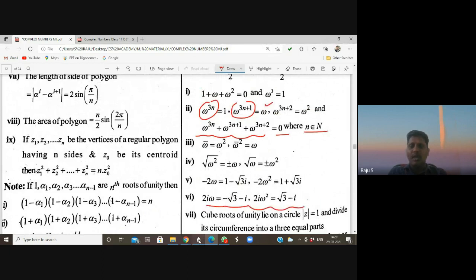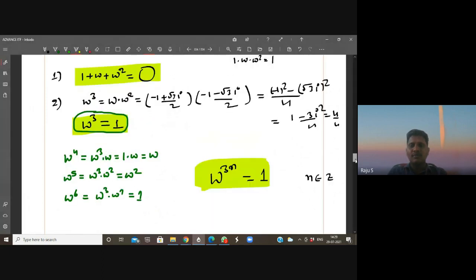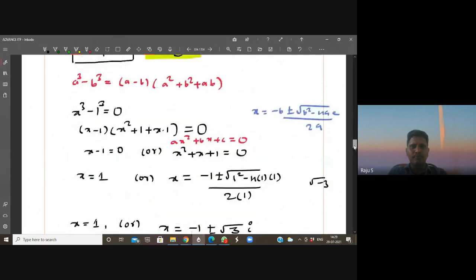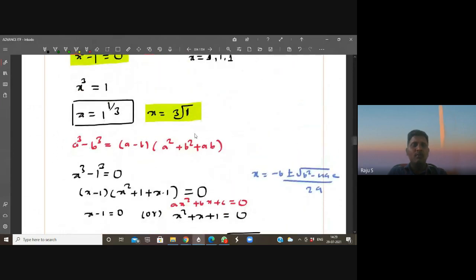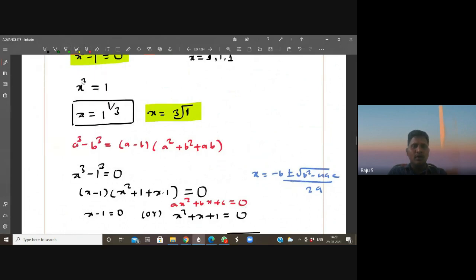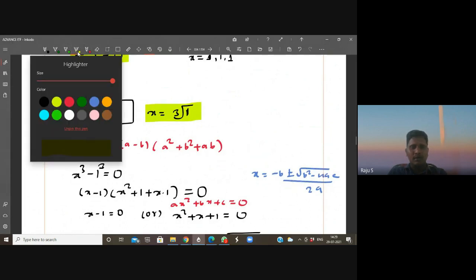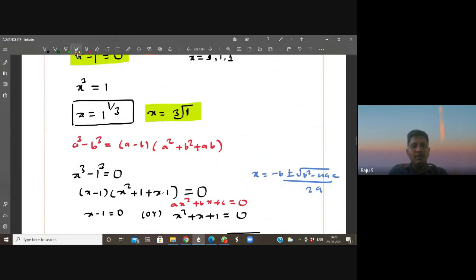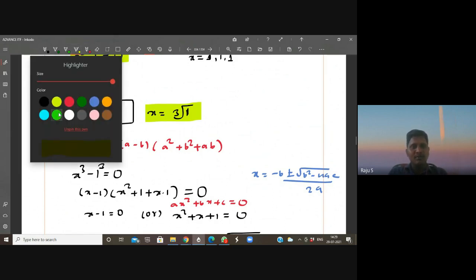And this is for x cube is equal to 1: the roots are 1, omega, omega square. And x cube is equal to minus 1, what are the roots, anyone?